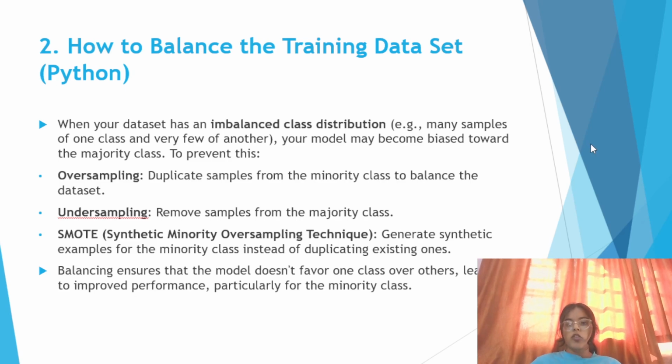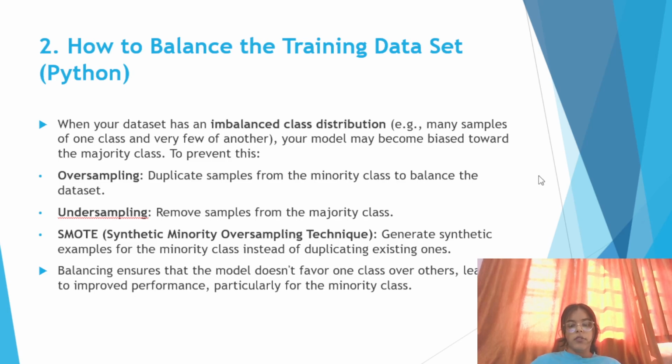Now, next is how to balance the training data set. When your data set has an imbalanced class distribution, for example many samples of one class and very few of another, your model may become biased toward the majority class. To prevent this, oversampling duplicates samples from the minority class to balance the data set.